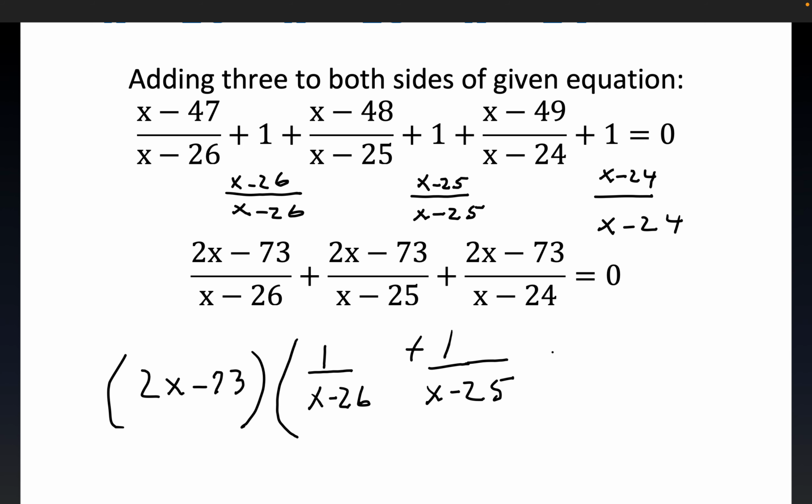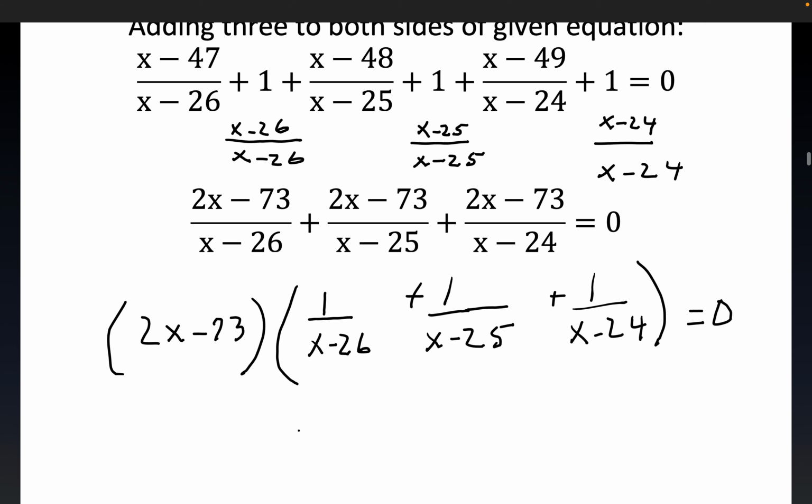Extend that a little bit. Now, what's cool about this is that each one of these is non-zero, right? If you just think about what the reciprocal function looks like, it never takes on a value of 0.